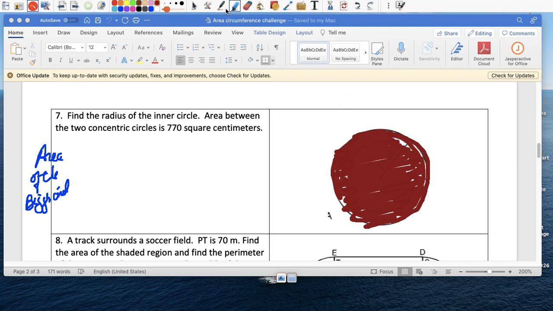And then I remove that 770, I'm removing this part out. So I hope you agree that if I remove this part out, I'm left with the area of the small circle. And if I have the area of the small circle, I can find its radius. Okay, so that's what we're doing.